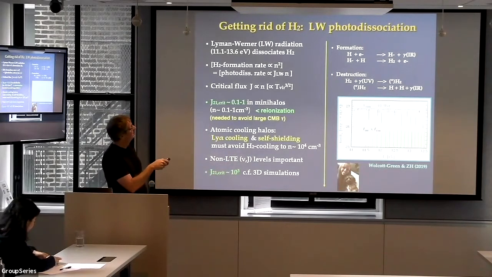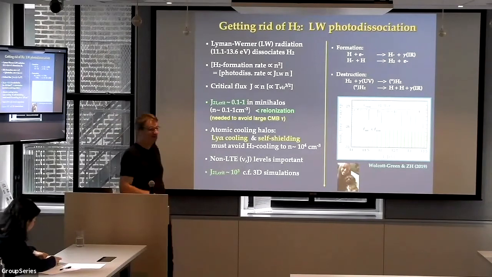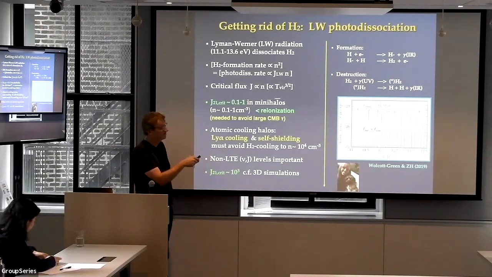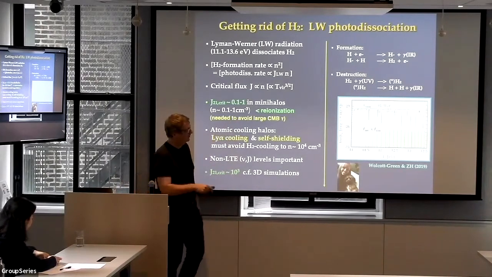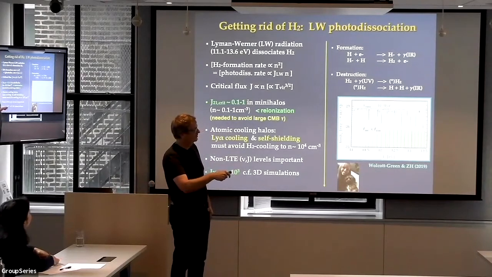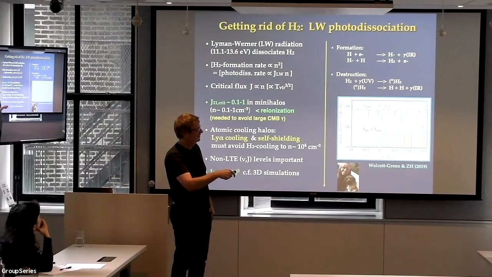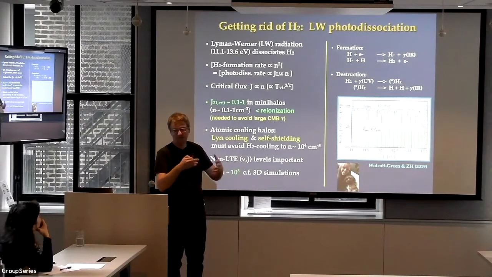Now, the formation rate here scales like density squared. Photodissociation scales like density times flux. So the critical flux, where you prevent molecule formation, will go like density. So you just have to do a calculation where you take a galaxy spectrum like shown here, a realistic spectrum might have lines, and then you have to look at various hydrogen molecular lines and calculate the dissociation rate.